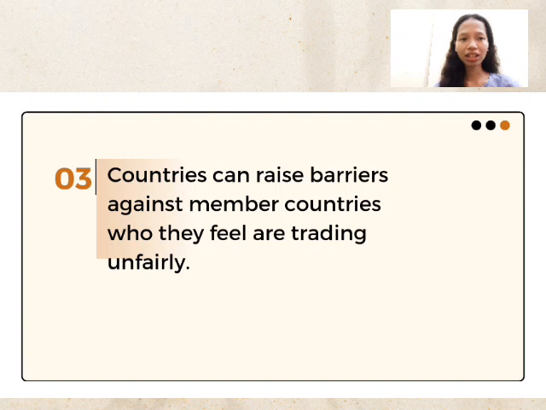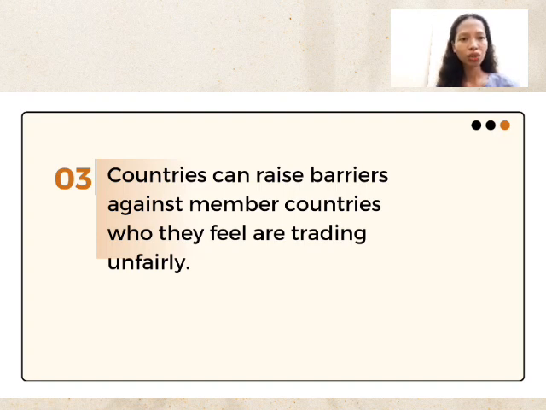The ongoing trade tensions between the United States and China provide a pertinent example. Both countries are WTO members, and their trade relationship has been marked by accusations of unfair trade practices. So, from the U.S. perspective, the United States has alleged that China engages in unfair trade practices, including subsidizing industries, manipulating its currency, and engaging in intellectual property theft.